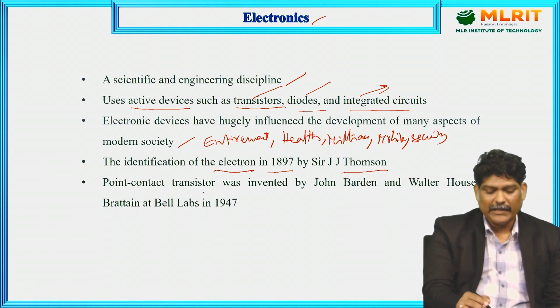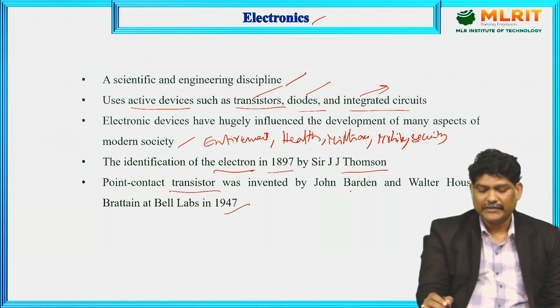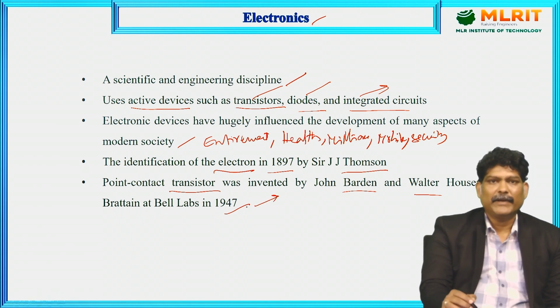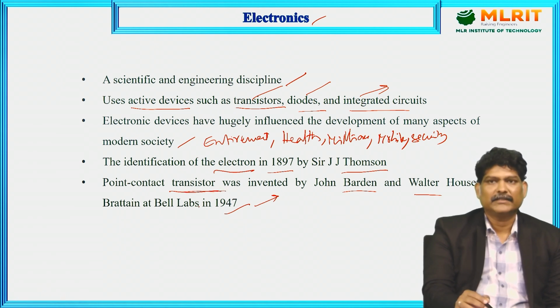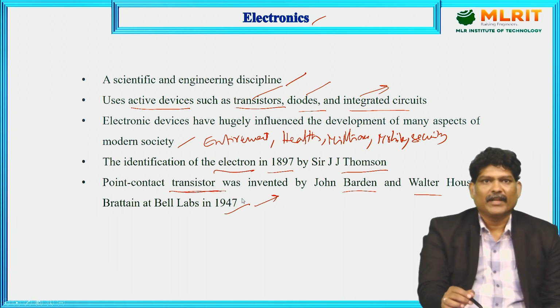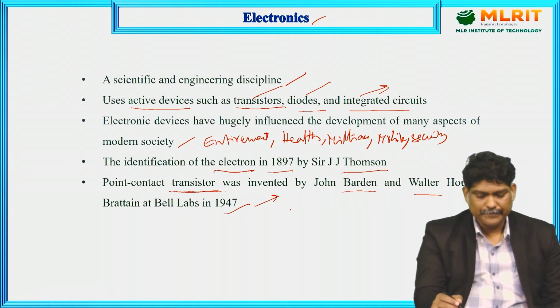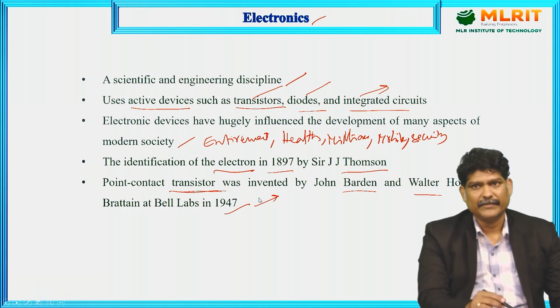After 50 years, in 1947, transistors were invented by John Bardeen and Walter Brattain. This played a major role in the development of the electronic industry. After the invention of transistors, the electronic industry emerged like anything. So this is the overview of electronics and its importance.